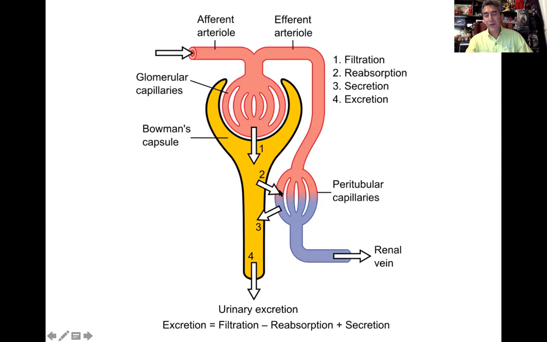Two, well, we want to keep some of that stuff, so it's going to be reabsorbed by the blood vessels, by the peritubular capillaries, or by the vasa recta. And then we changed our mind. We're actually going to go ahead and secrete this out, and that's three. And at this point, if you're stuck in here, there's only one way to go now, right? All we can do is be excreted out. So that's the role of our nephron, basically, yeah?